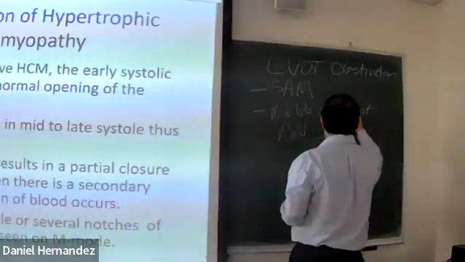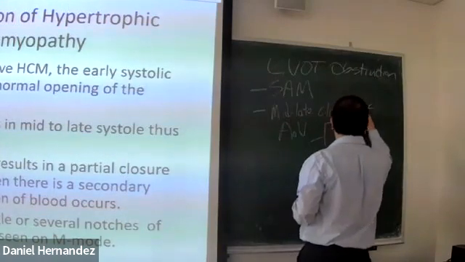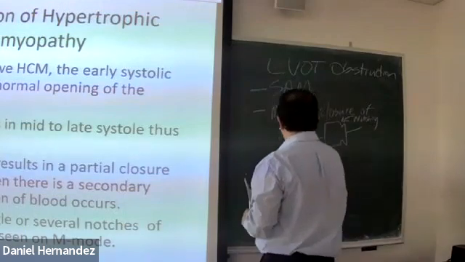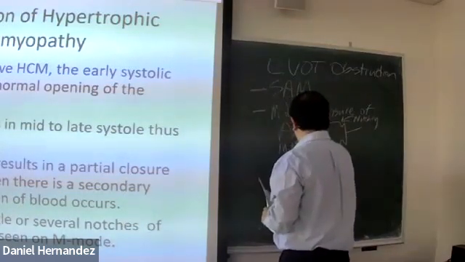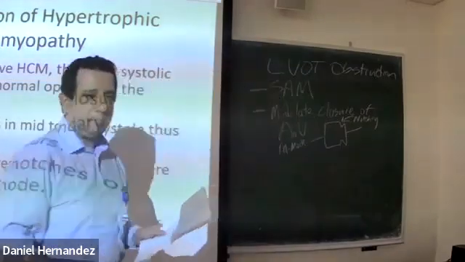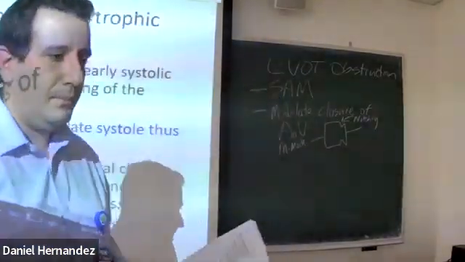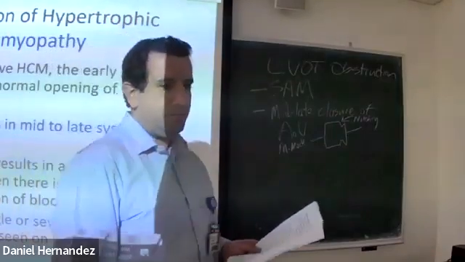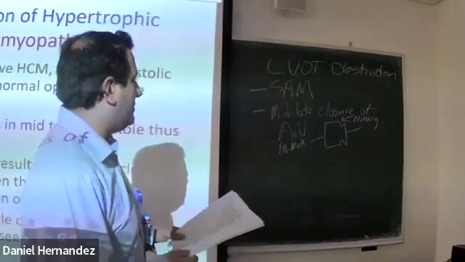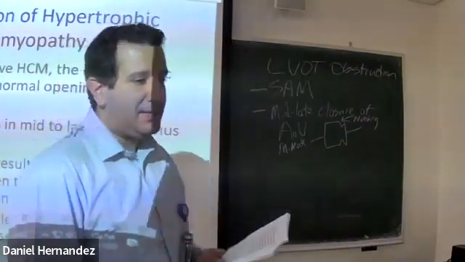This is that notching there that we can sometimes see. This is aorta M mode. So these notches may be single. You may have several notches.